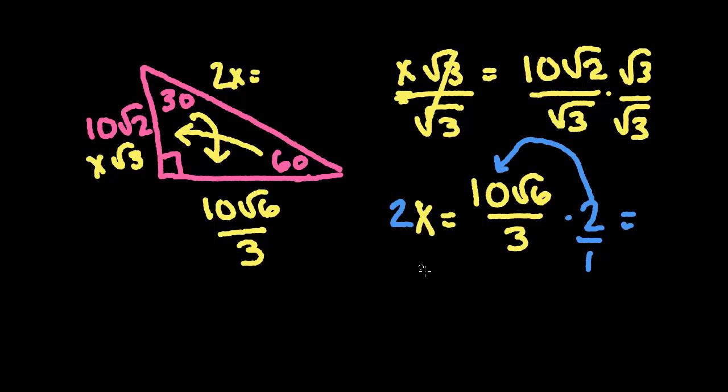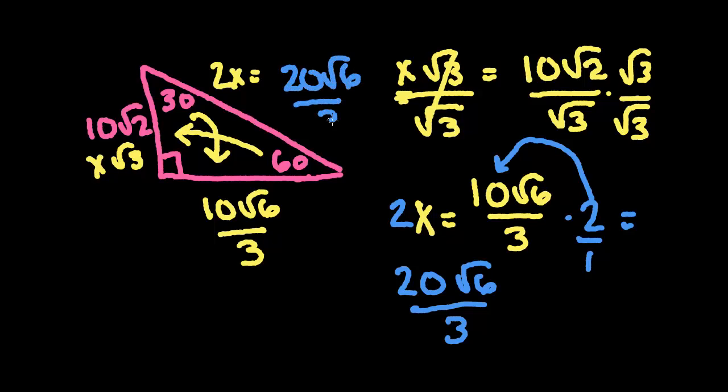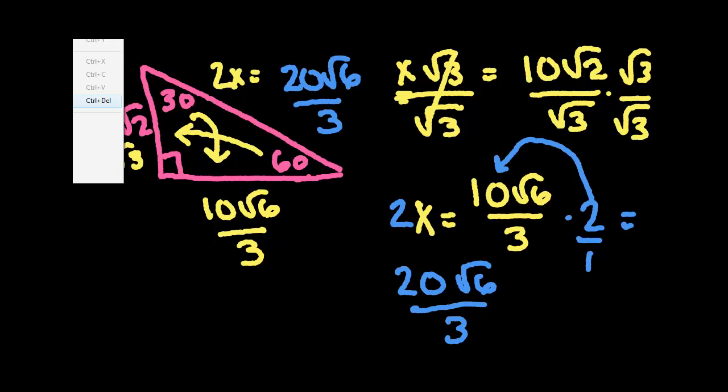So 10 times 2 is 20, just the outsides. And 3 times 1 is 3. These don't reduce, so my final answer is 20 square root 6 over 3. These are actually very easy to do as long as you take them step by step and know your models.